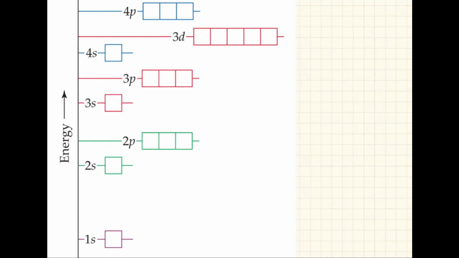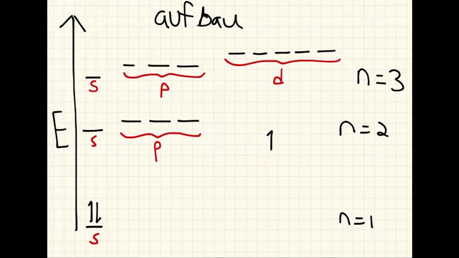But the only other real significant edit to this diagram is that all of my orbitals are indicated as boxes. So sometimes we might call this an orbital box diagram, as opposed to what we had on the previous page, which were just lines. That's in some ways just me being lazy, indicating the different energy states or orbitals that way.